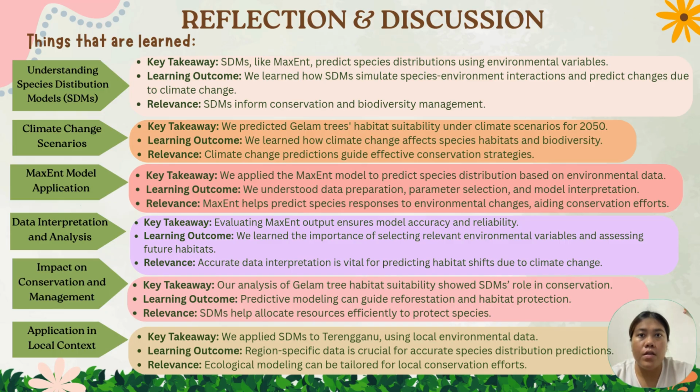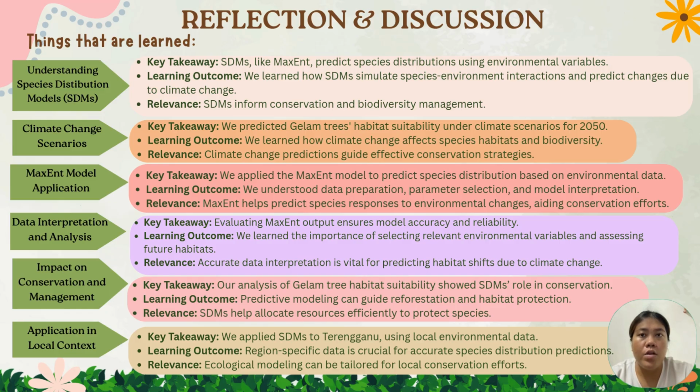Impact on conservation and management. Our analysis shows how SDMs can guide conservation by identifying areas where Gelam trees will thrive or face challenges. This insight helps allocate resources effectively for reforestation and habitat protection.